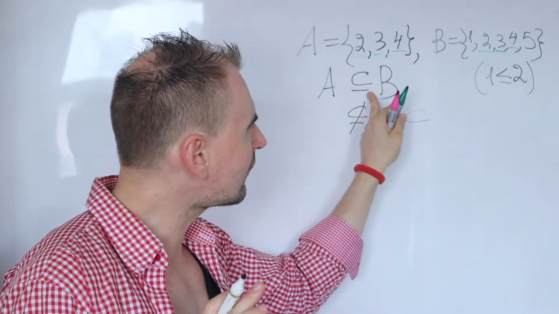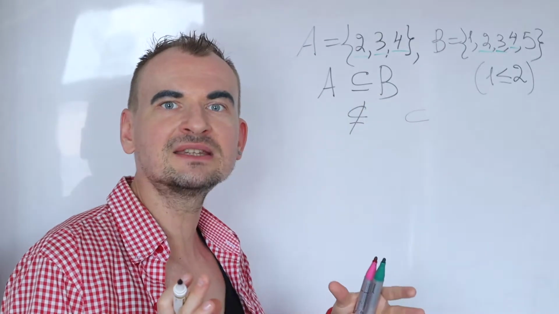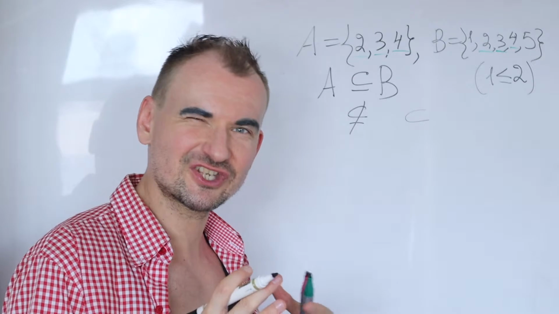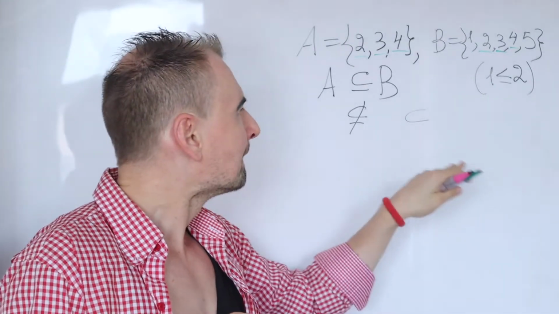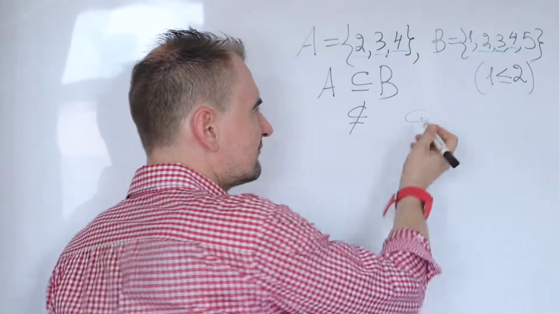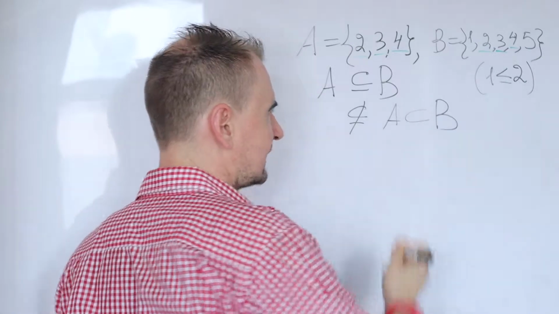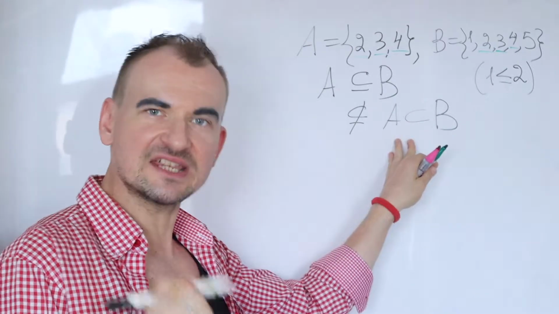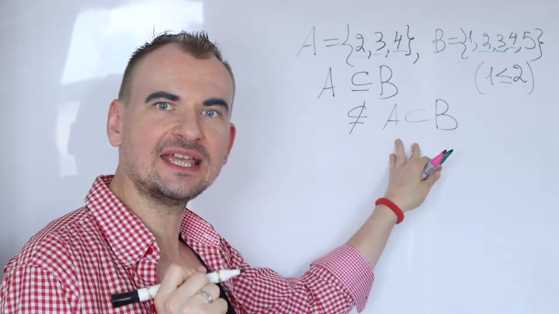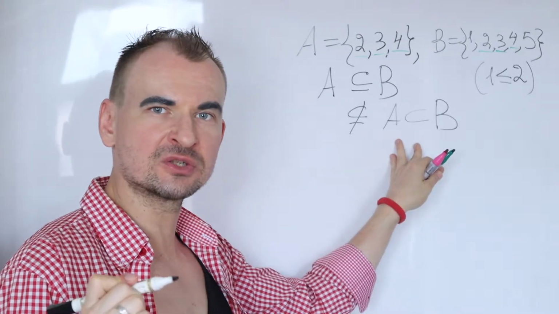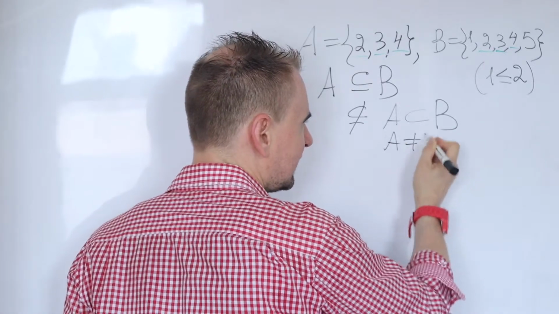Basically, the little line over there means that A and B might coincide, it might be the same set. So again, it's kind of similar to this one. But if we are using this symbol strictly, and write it like this, that means there is no way that A might be equal to B. So A in this case cannot be equal to B.